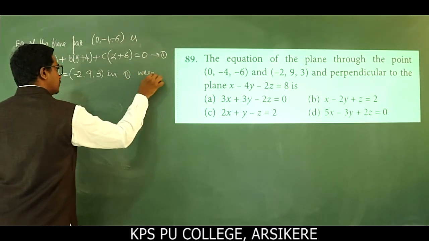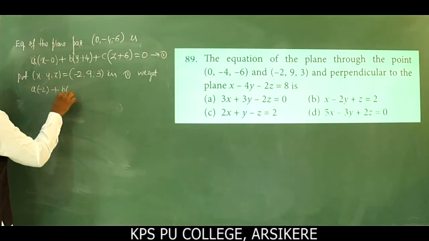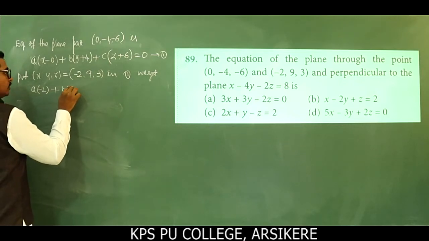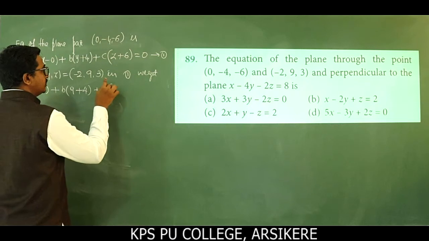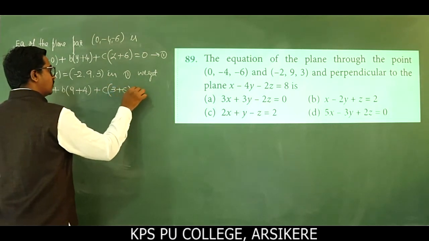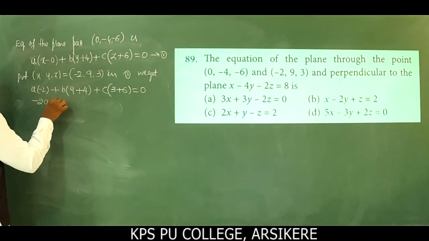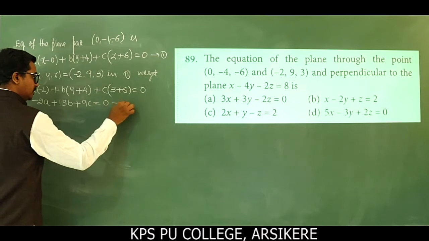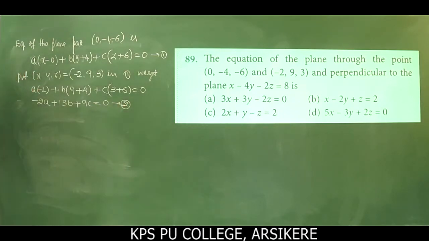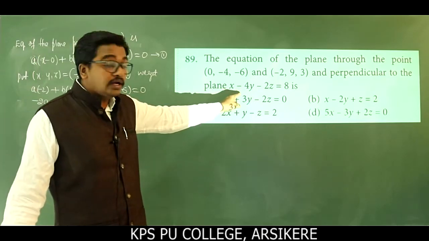We get a into -2 plus b into 9 plus 4 plus c into z is equal to 3, so that is 3 plus 6 is equal to 0. That gives -2a plus 13b plus 9c is equal to 0. Call this as 2.